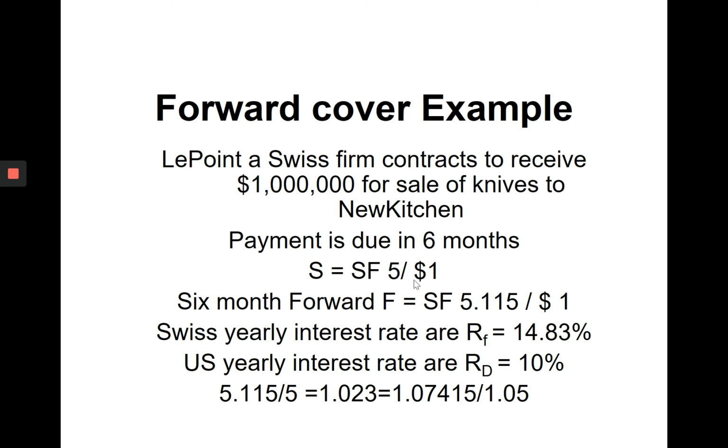But if we borrow for 6 months, we pay half of the yearly rate. We pay 7.415%. So 1.07415 is the return that we get after we pay 14.83% yearly interest for 6 months.